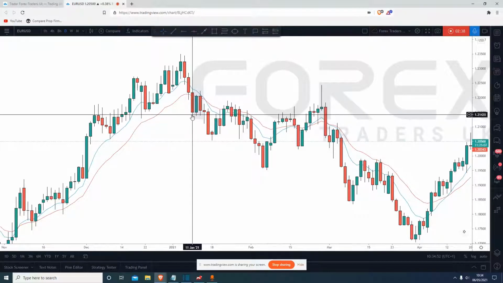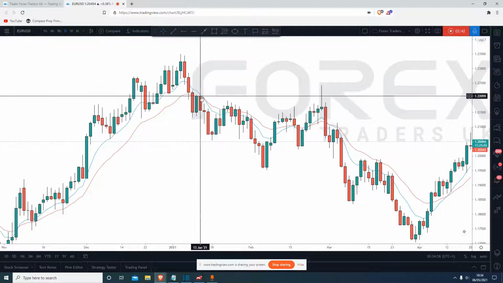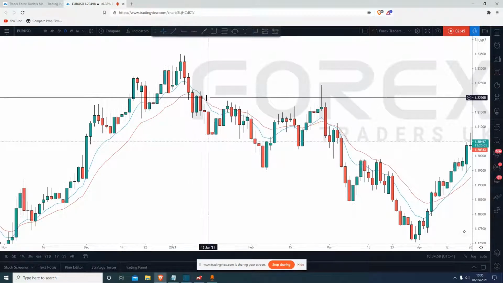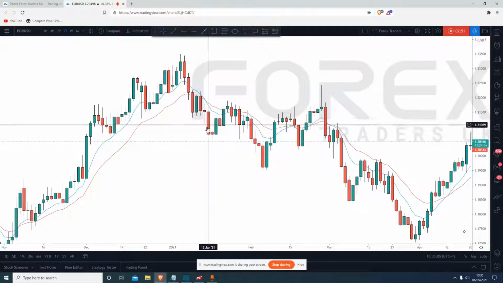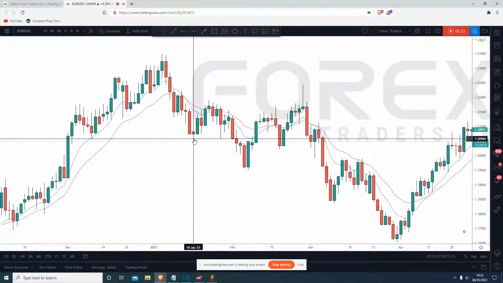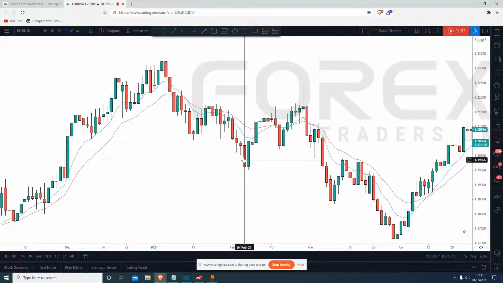We closed way below the red, pulled back up into the moving averages to retest, and then finally got the moving average crossover, which did lag, as all indicators do. We then continued down from that point, pulled back up into the moving averages, made a new lower high, and then a new lower low.